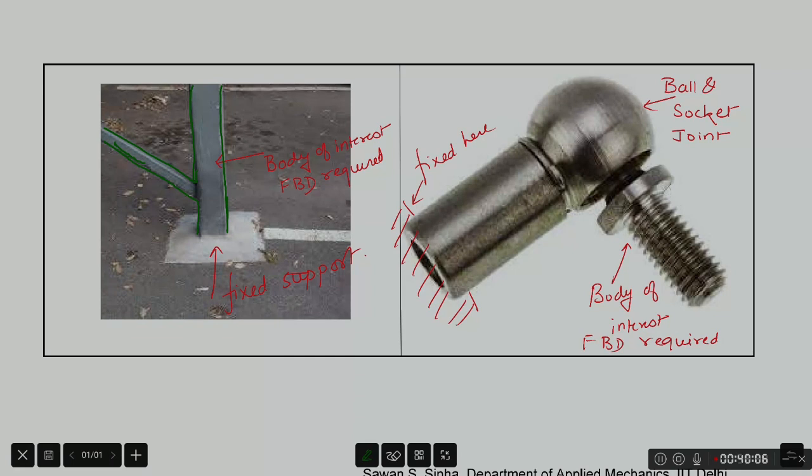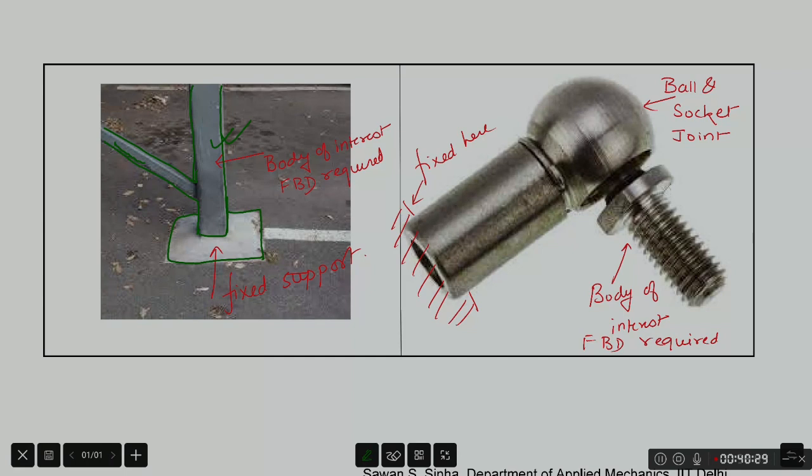Now suppose this is my body of interest. Somebody is applying some force on it and I want to know how this object will move, or even if it is not moving, what is the condition under which it will remain stationary. So I need to draw the free body diagram of this body.